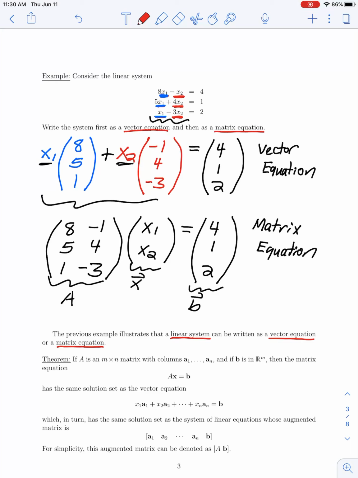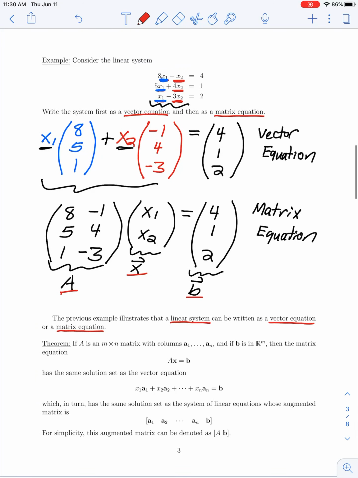And if we're writing it as a matrix equation, we have something of the form A times x is equal to B. So when we study linear systems throughout this course, we will sometimes rewrite them as matrix equations, particularly when we get into our chapter 2 material. We'll see why that's so useful.